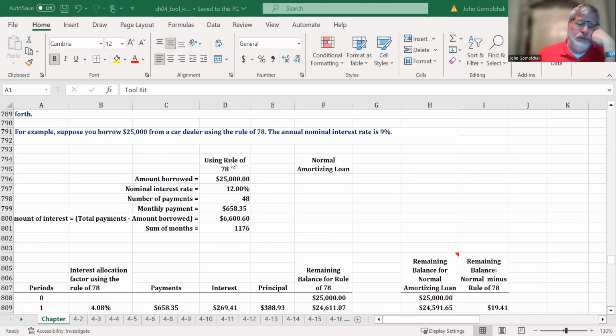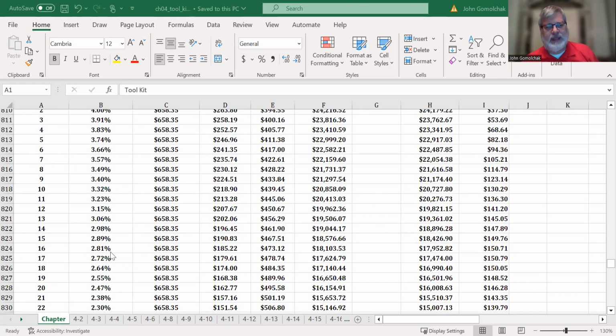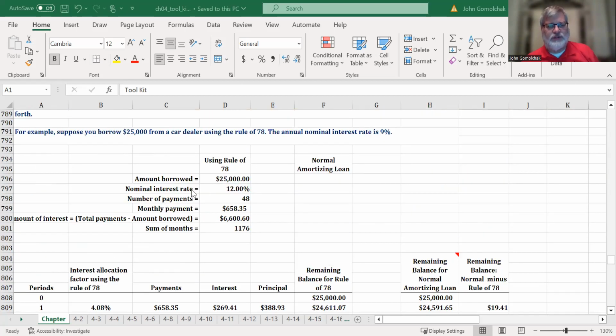They have something called the rule of 78. If you were to add together the months 1 through 12, you would end up getting 78. And so what they end up doing is using percentages of the interest rate using the rule of 78.